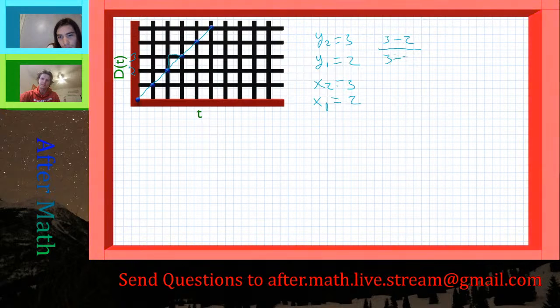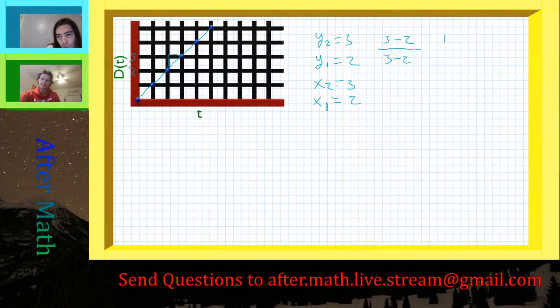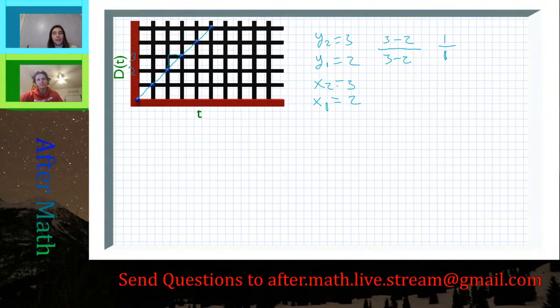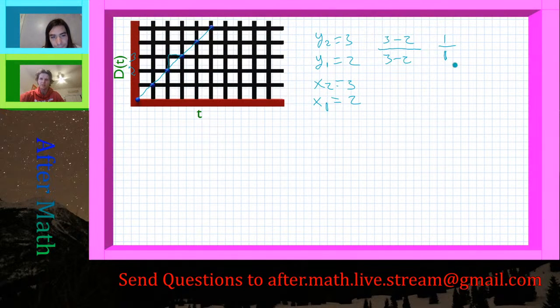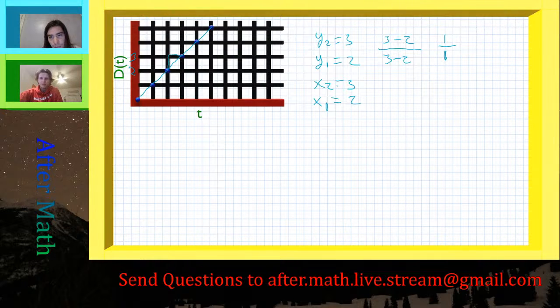So we get another 3 minus 2. So we get 1 divided by 1. And that means that our velocity between t equals 2 and t equals 3 is going to equal 1.